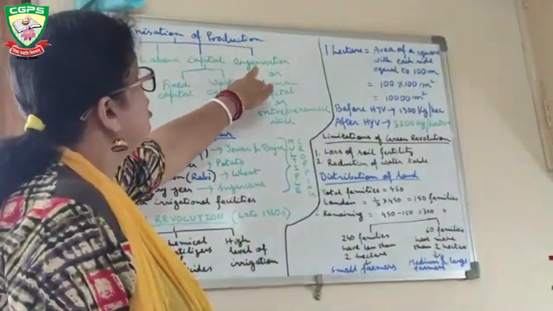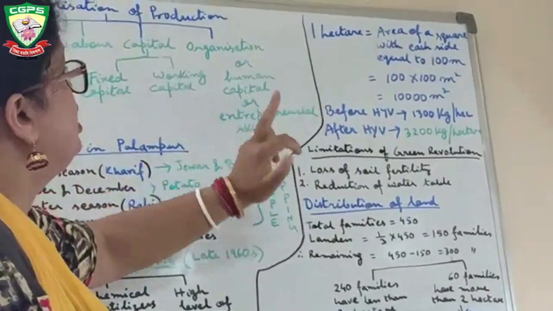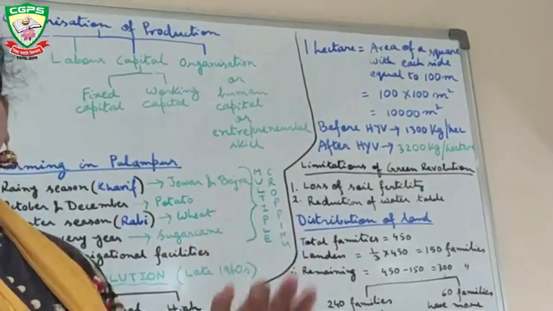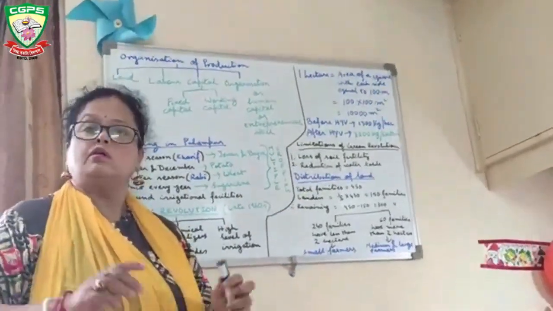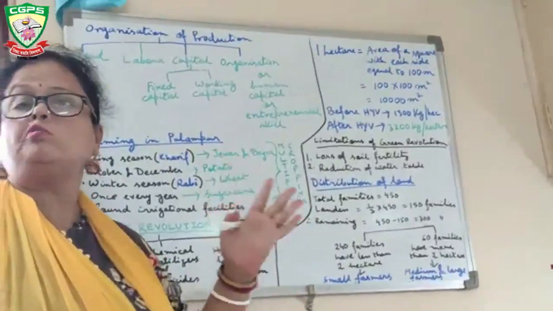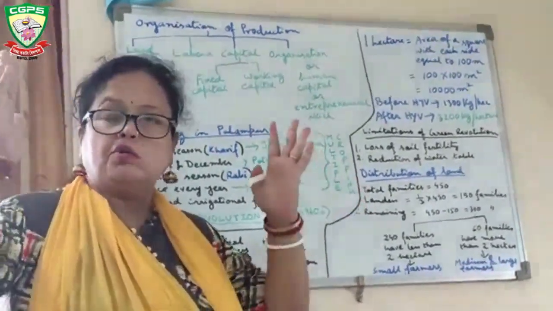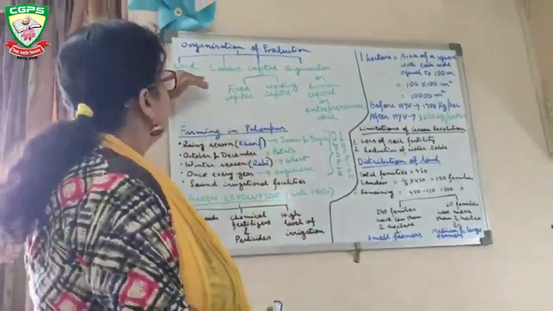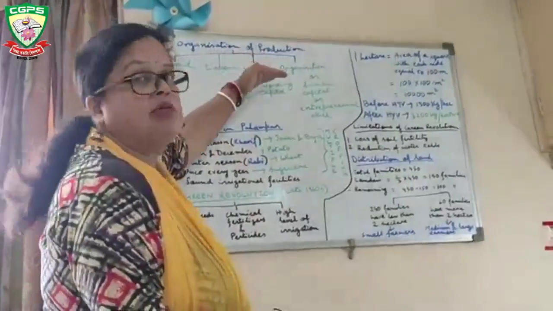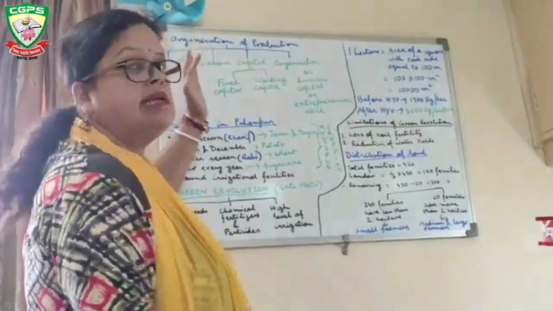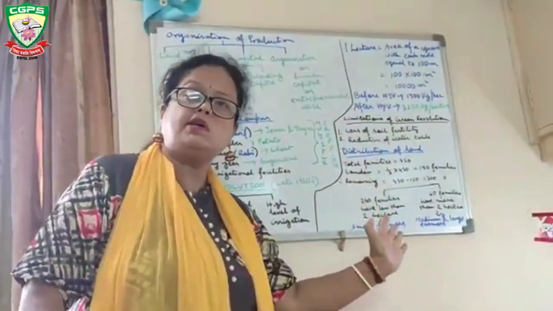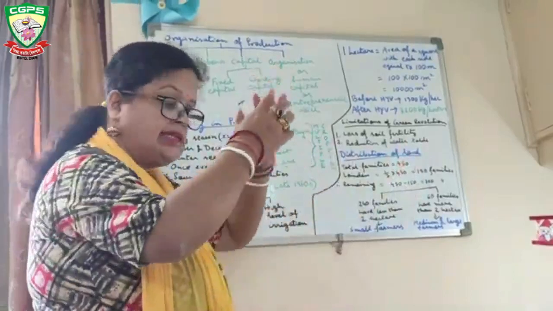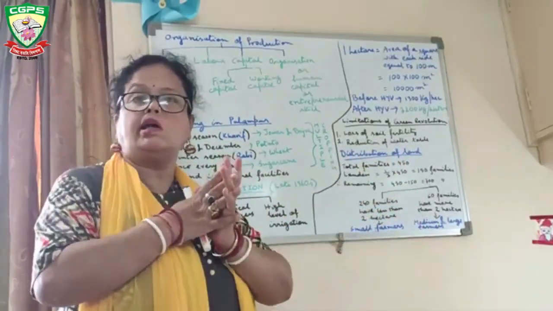And the last sector of production is organization or human capital or entrepreneurial skill. Organization, last sector of production. That means there should be an organizer who has to look after the whole productive activity. लेबर को कैसे काम में लाना है, कैपिटल को कैसे इस्तेमाल करना है, लैंड को कैसे सही तरीके से इस्तेमाल किया जाएगा, कैसे खेती किया जाएगा, कैसे उसके ऊपर फैक्ट्री बनाया जाएगा, ये कैसे प्रोडक्टिव एक्टिविटी को सिंक्रोनाइज करना है, कोऑर्डिनेट करना है.